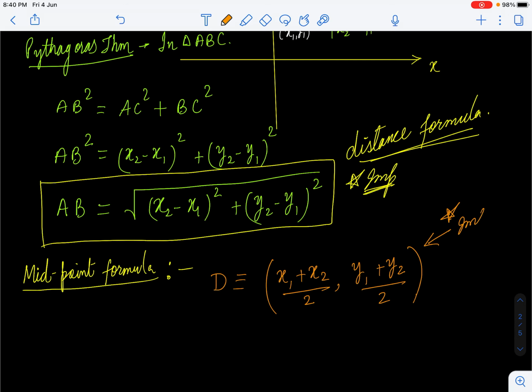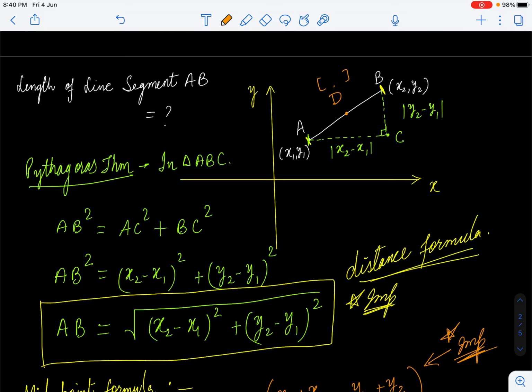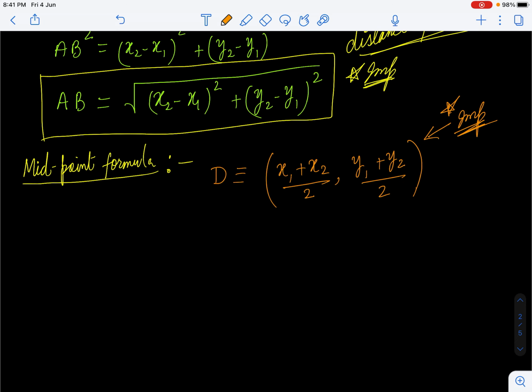This is very important, that is the midpoint formula. Whenever 2 points A and B are given and we have to find a point on the line AB that is midway between A and B, that is basically the midpoint of this line segment. That is given by x1 plus x2 by 2 comma y1 plus y2 by 2.